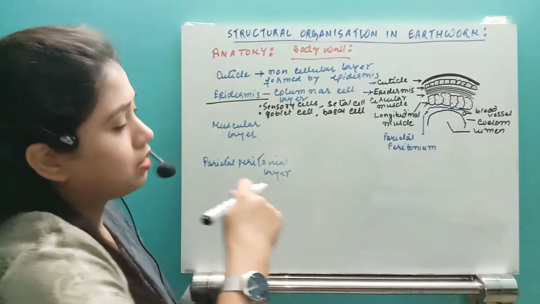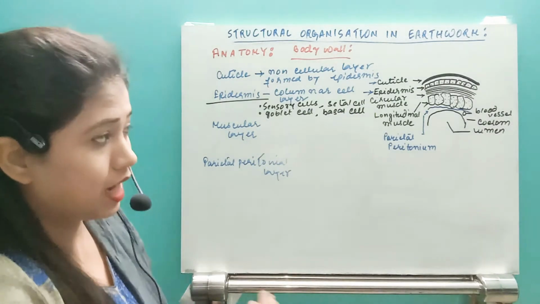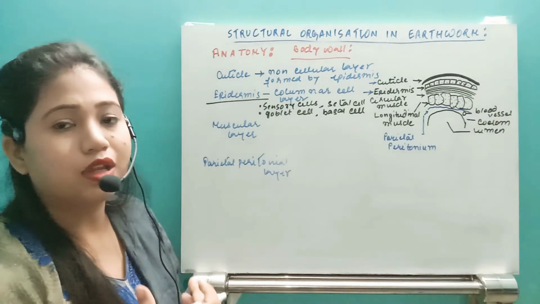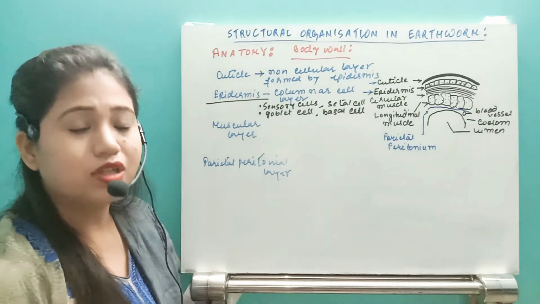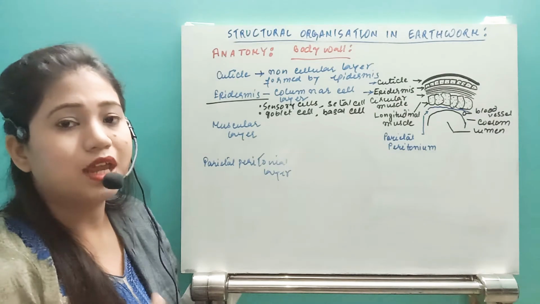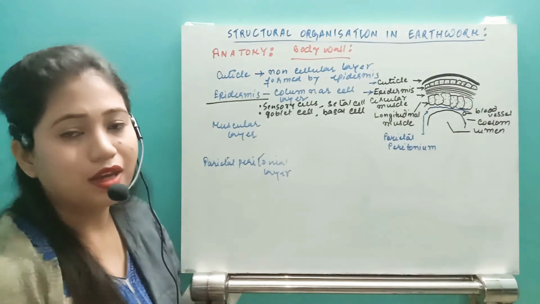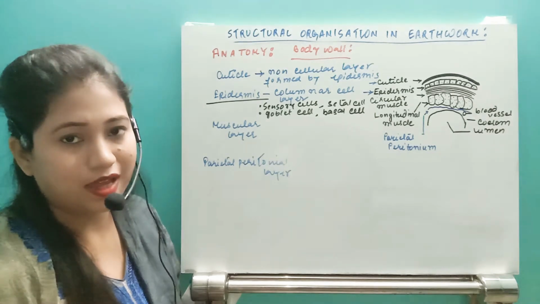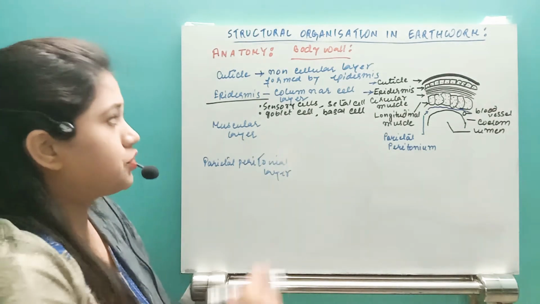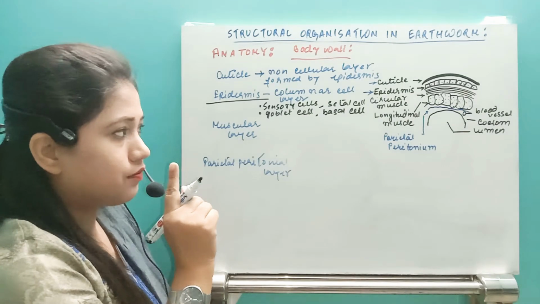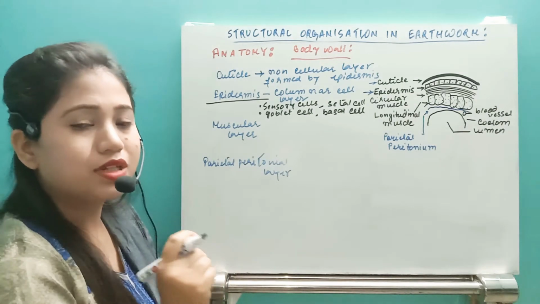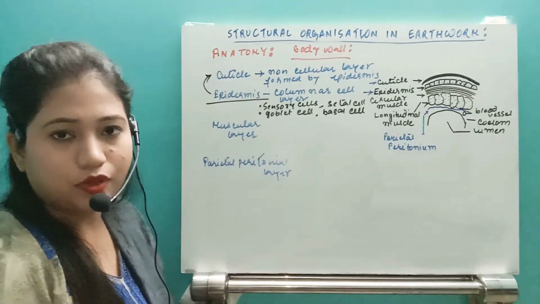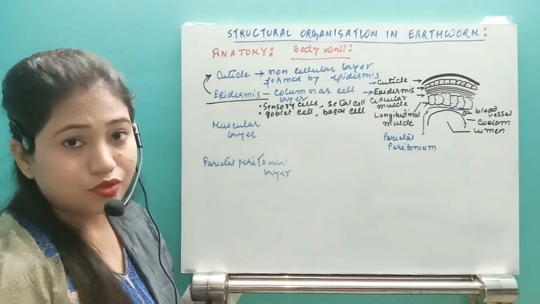All of them are glandular cells, suppose it will help in secretion of the different juices that makes the wall very much moist, so that they can have the proper diffusion of gases into the body. So this is the epidermis layer, which is the first and very important layer of the body wall, which secretes the cuticle. Okay, next after that come to the muscular layer.